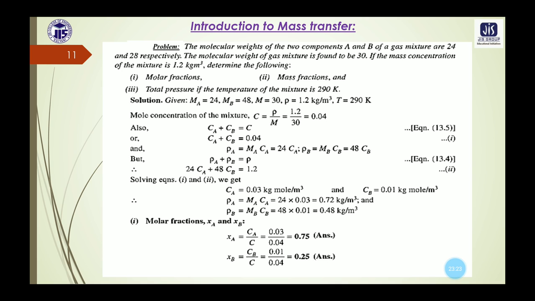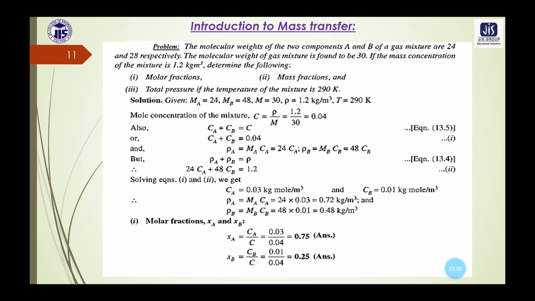Again, rho A equals Ma Ca and rho B equals Mb Cb. So rho A equals 24 Ca and rho B equals 48 Cb. But rho A plus rho B equals rho, which is given as 1.2. So 24 Ca plus 48 Cb equals 1.2.